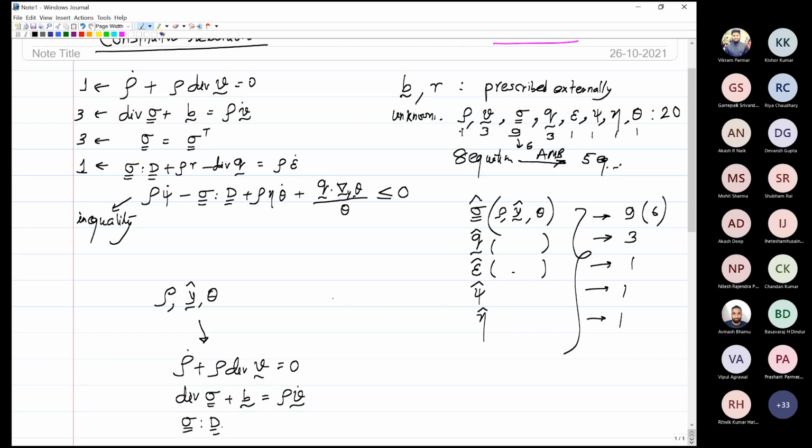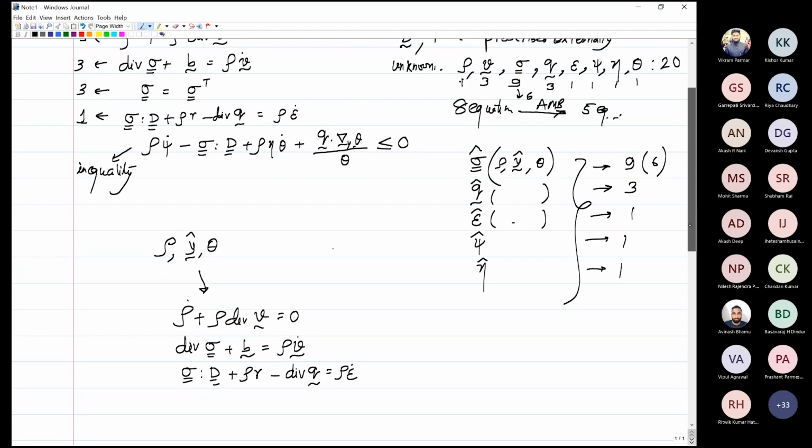These are the equations needed for the 5 unknowns. This is, of course, in the Eulerian form. You can likewise think of the Lagrangian form. 5 unknowns and 5 equations.